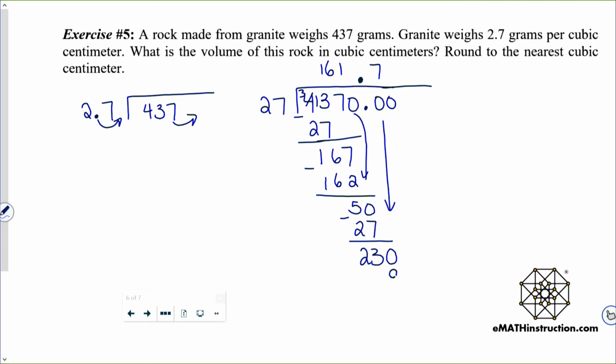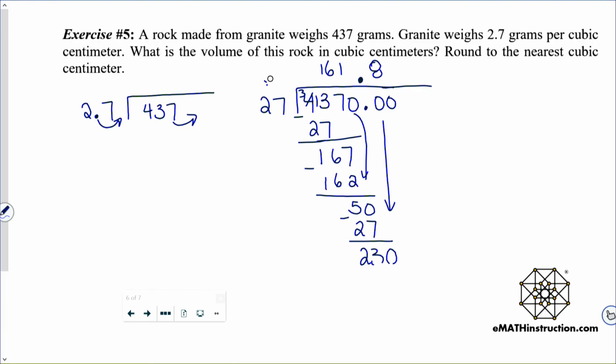7 times 7 is 49. 2 times 7 is 14, plus another 4 is 18. I don't think that's going to be anywhere close to enough. So why don't we try 9? Let's go for broke here. 9 times 7 is 63. 9 times 2 is 18, plus another 6 is 24, and that's too large. 7 was too small, 9 was too large, so let's go with 8.